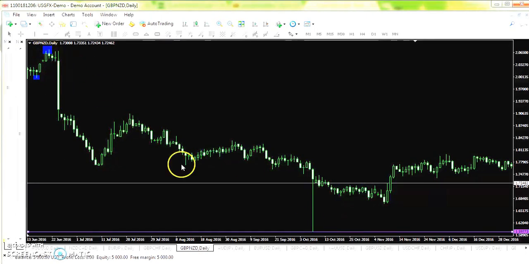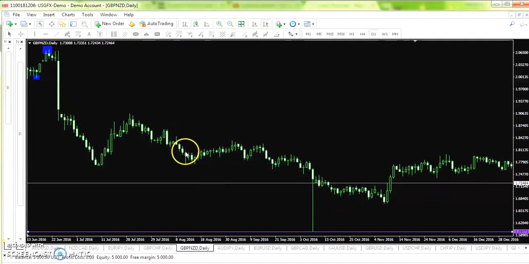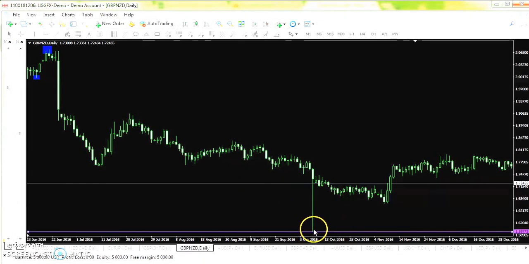From this point to this point, there was a sell trend and a pattern of lower high and lower low. After putting this lower low, the market has made this lower high, right?